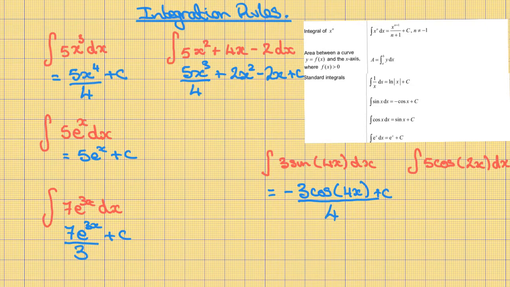So the integral of 5 cos 2x is equal to 5 sine, bracket remains the same, 2x, divided by the differential of the bracket, 2, plus c.